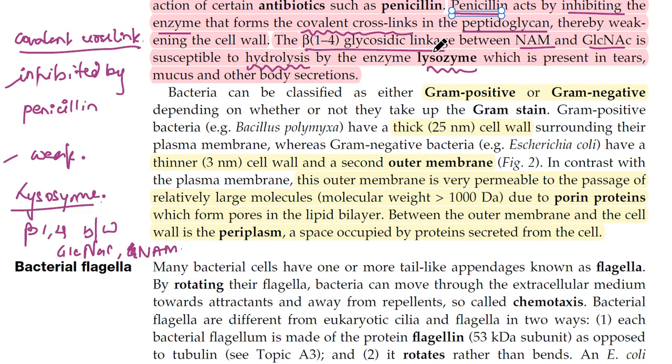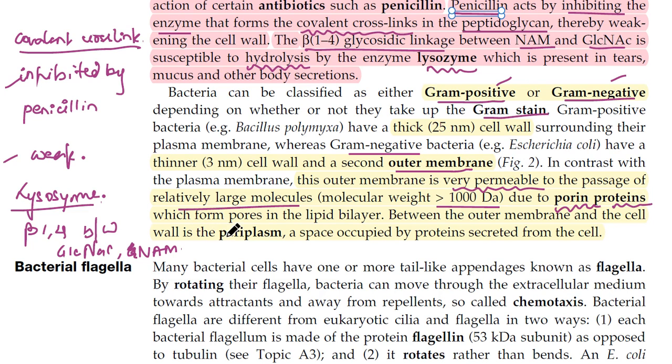Now the bacteria we already discussed can be gram positive or gram negative, named depending on the stain they can take up or not. Gram negative bacteria have an outer membrane external to the cell wall, and this outer membrane is very permeable to large molecules, maybe greater than 1000 Dalton, because they have many porin proteins.